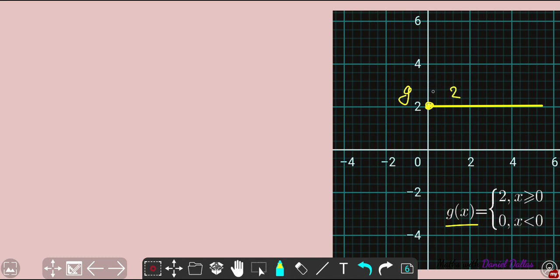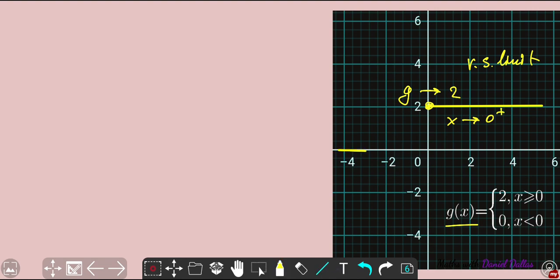Obviously from the right side, the right-side limit is going to be 2 when x tends to 0 from the positive side.